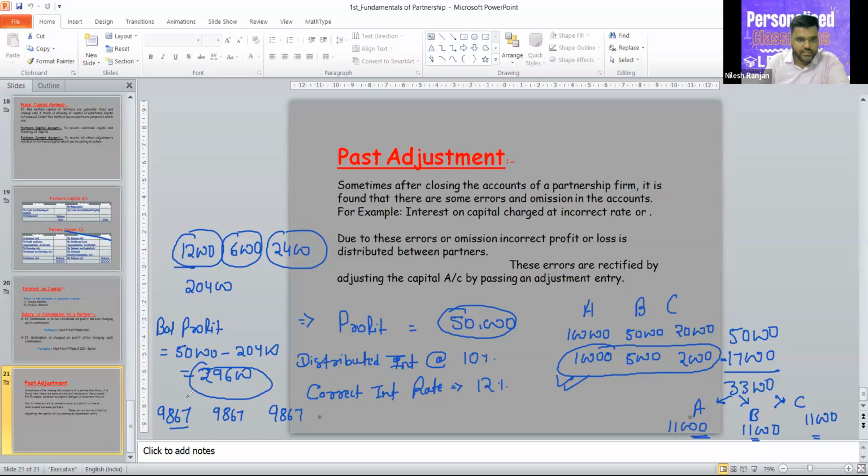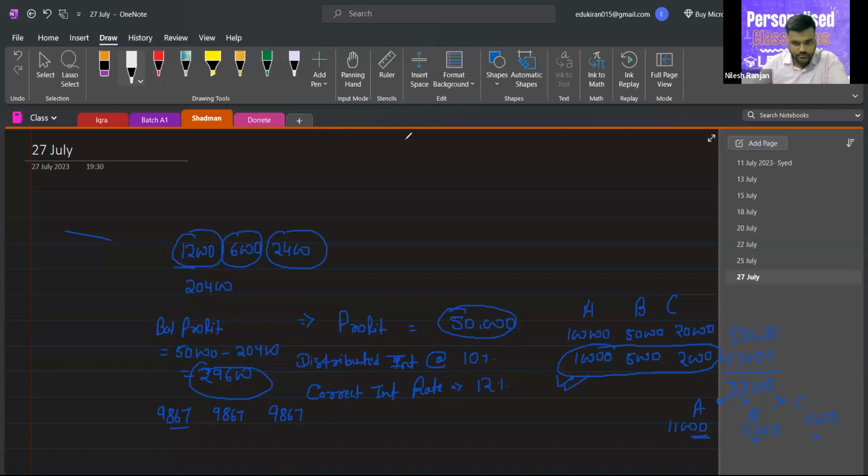So the incorrect situation, first we will write A, B, and C. A, 10,000 interest and 11,000 profit.